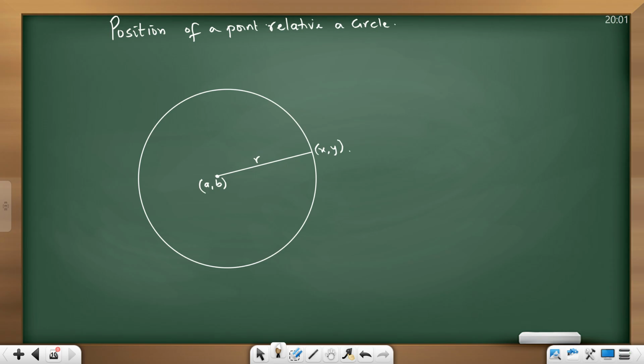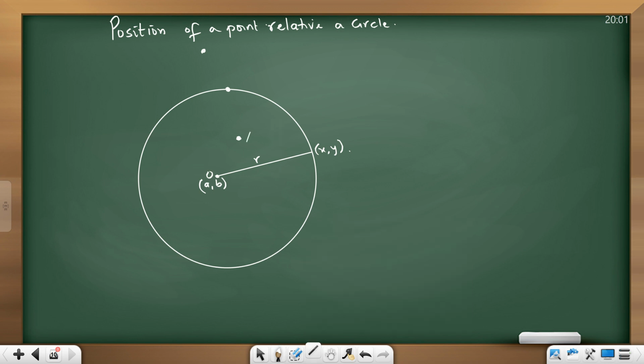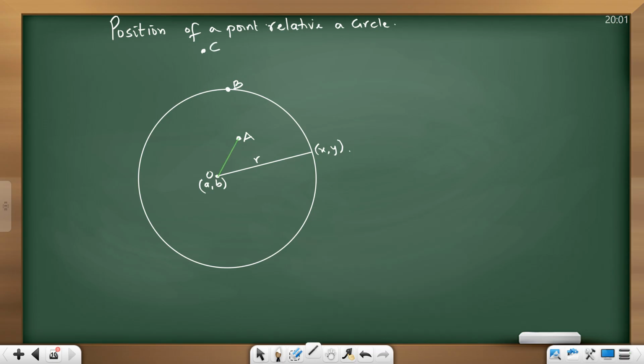I want to create 3 points: point A, point B, and point C. Let's call the center O. Just by looking at it, you must be able to tell me: is the point on the circle, outside the circle, or in the circle?